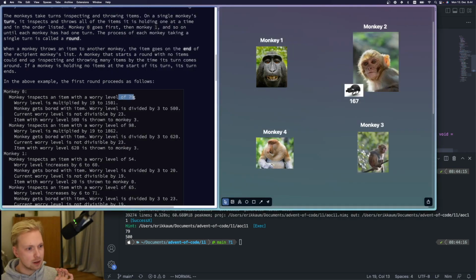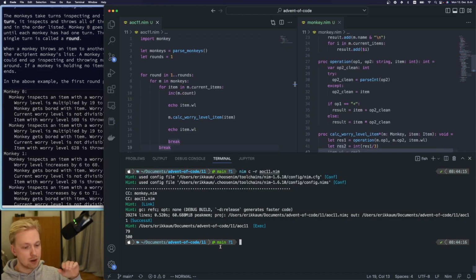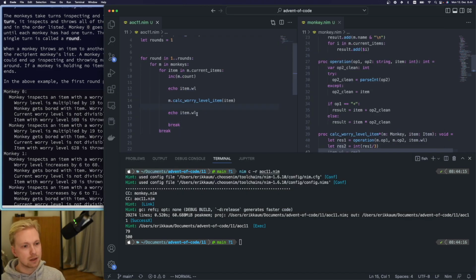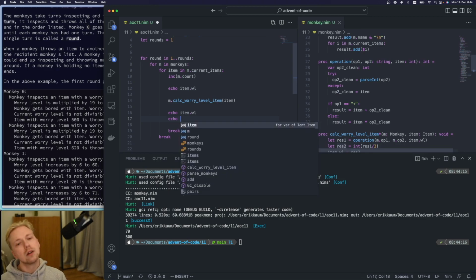We start with an item of worry level 79, and it has worry level 500 after all the calculation has been done. Then we can also echo, where is that?